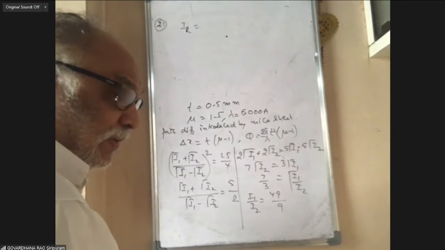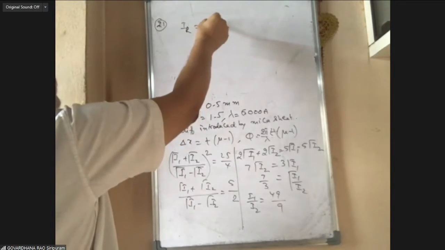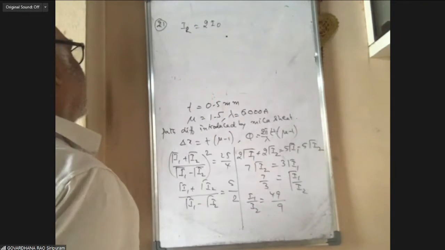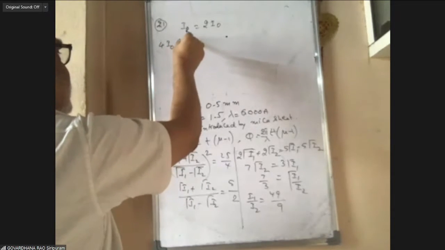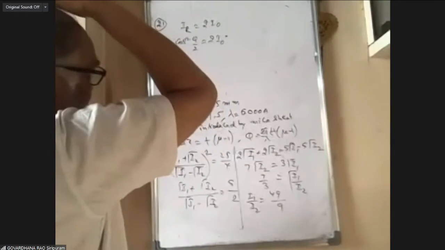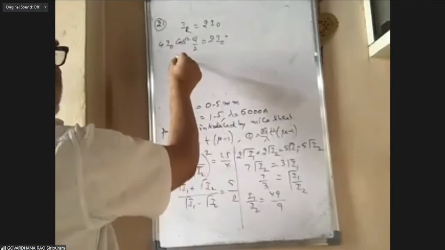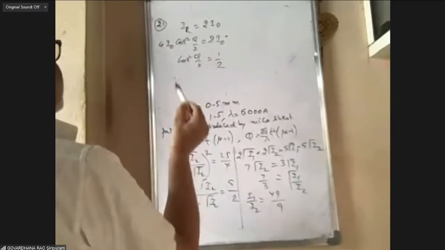And the intensity is 4I naught cos square phi by 2. So cos square phi by 2 is half.